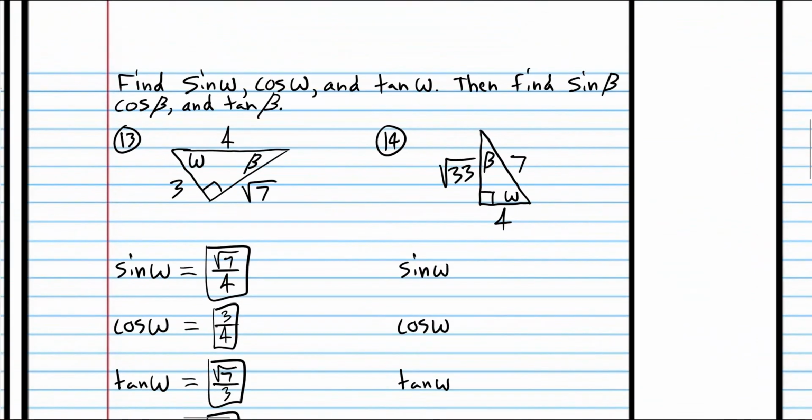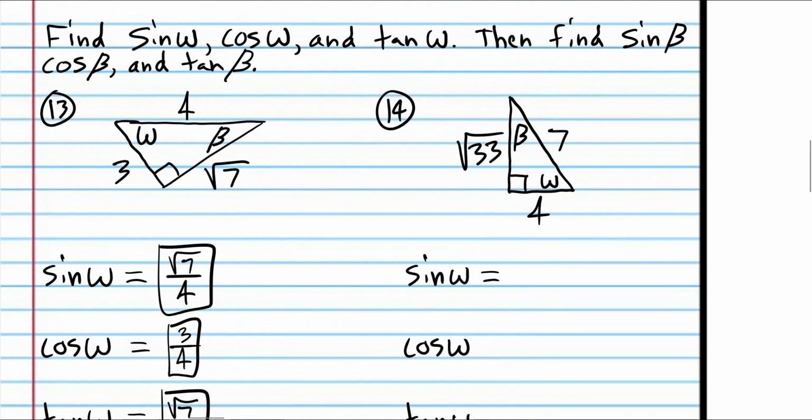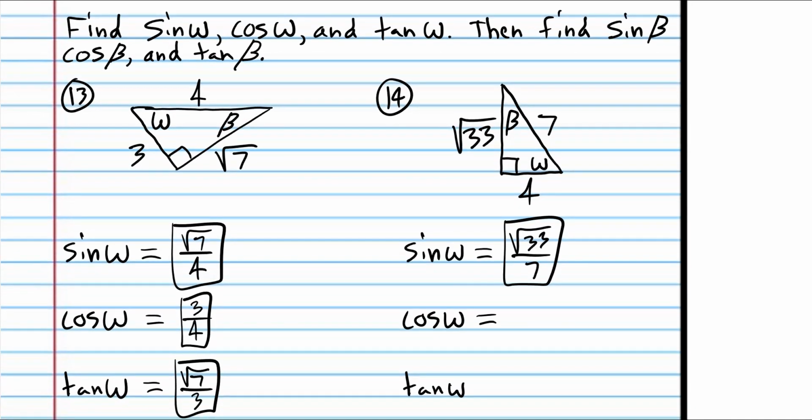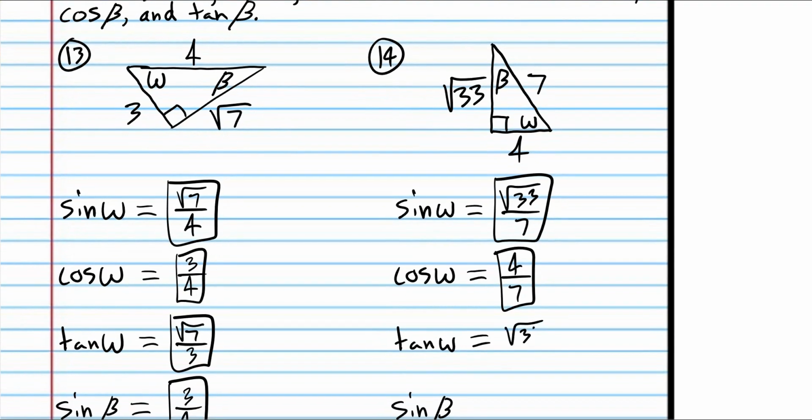Okay, we're back. So sine omega is equal to the side opposite divided by the hypotenuse. Cosine is adjacent omega divided by the hypotenuse. Tangent omega is the side opposite omega divided by the side adjacent.